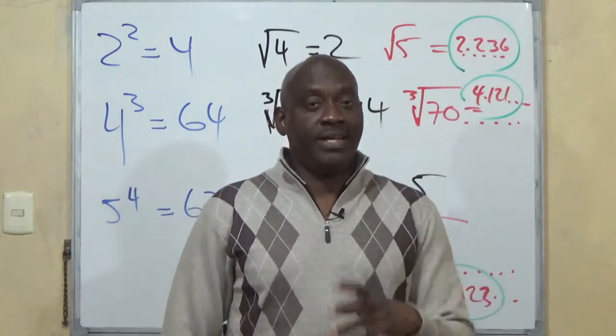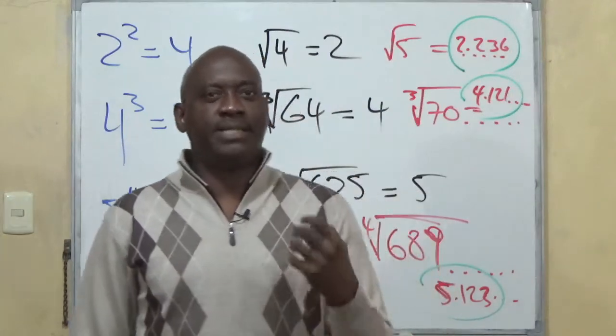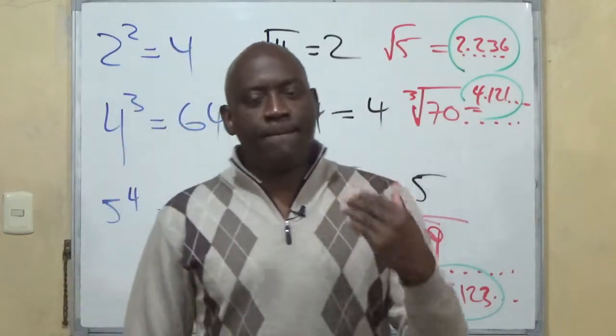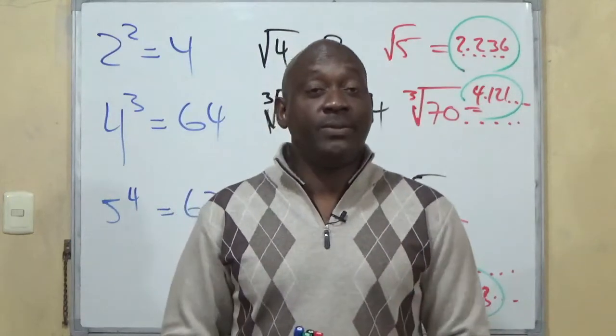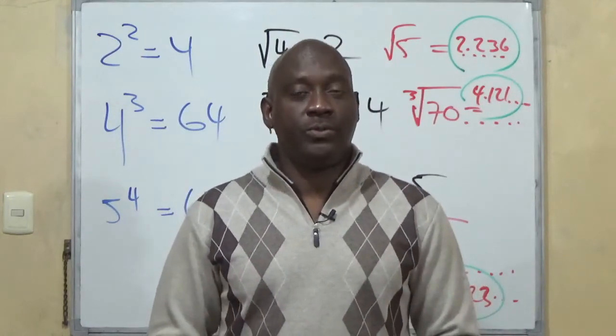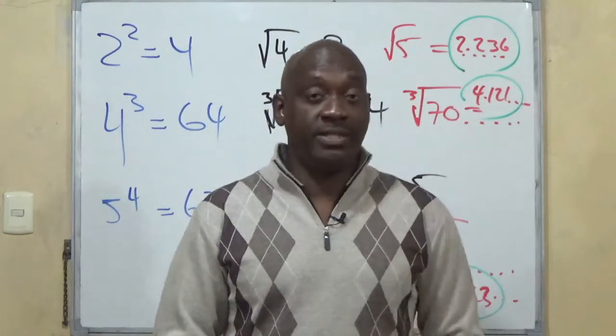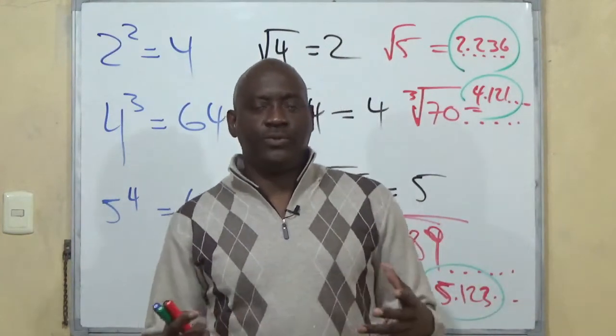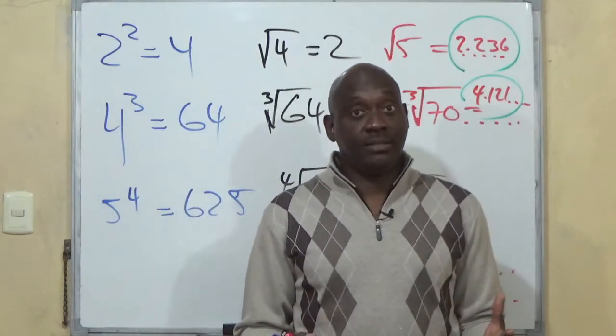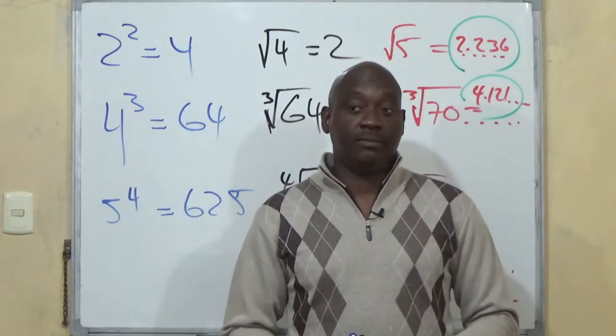However, in regular mathematics practice, the power that we will most frequently use when we're dealing with surds is the power of 2. So we're talking about squares and square roots essentially. So 99% of the work that you will do in an advanced syllabus on surds will be with squares.